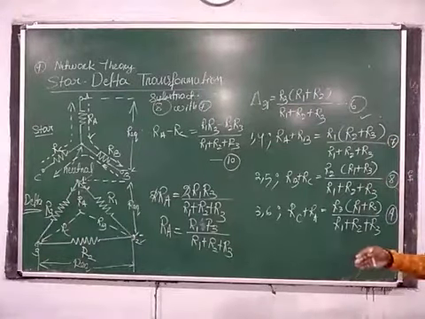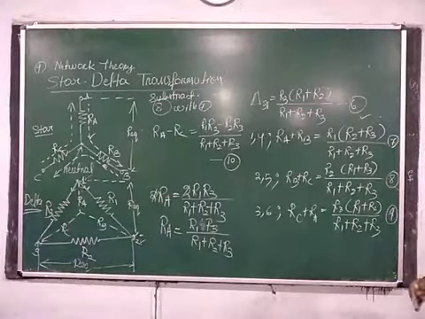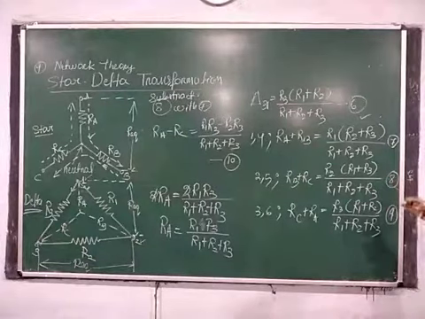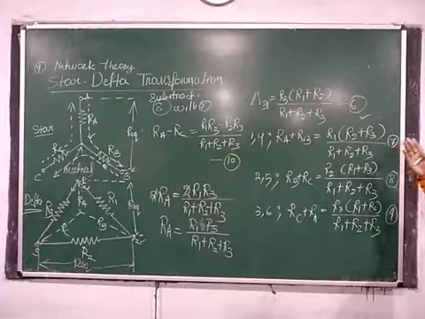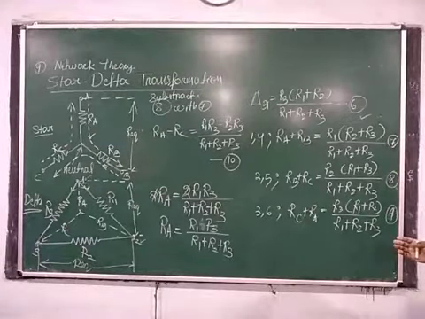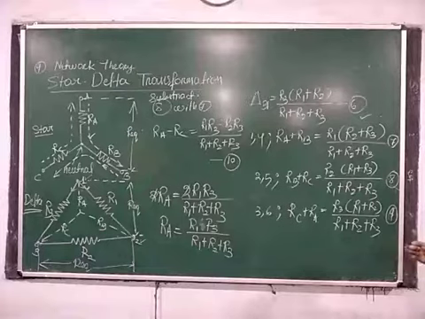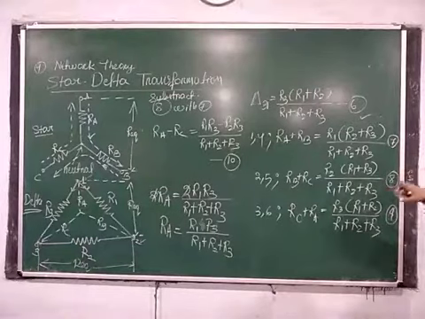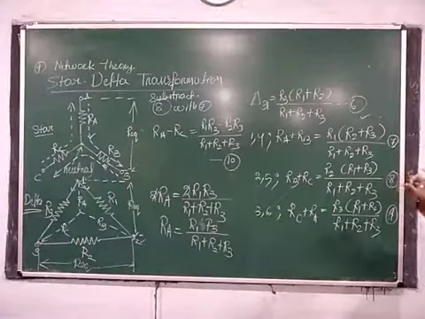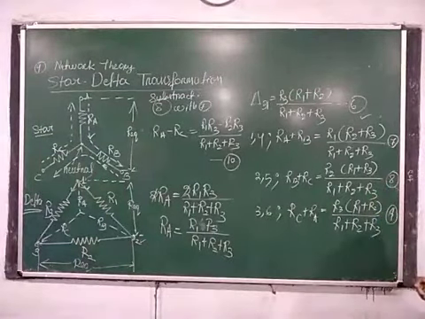Again I repeat, if I subtract equation 8 with equation 9 and add the result with equation 7, I get RB. Similarly, if you subtract equation 9 with equation 7 and add the result with equation 8, you get RC.